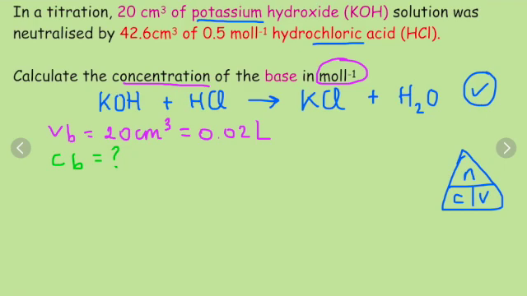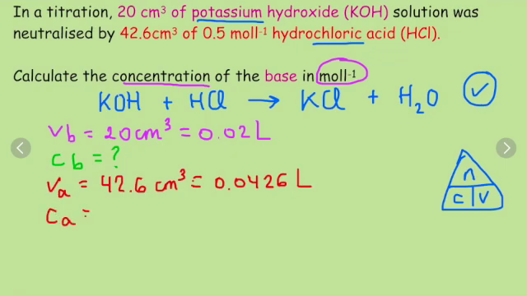It's also telling us that the volume of the acid is 42.6 centimeters cubed, which is 0.0426 liters, and the concentration of the acid is 0.5 mole per liter.